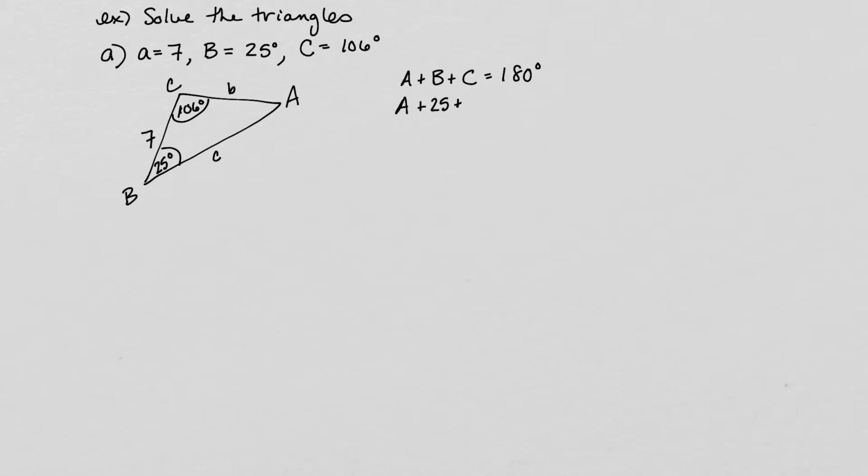Capital C is 106. That has to be equal to 180. So A plus 131 has to equal 180. So A ends up being equal to 49 degrees. So now I know this here is 49 degrees.